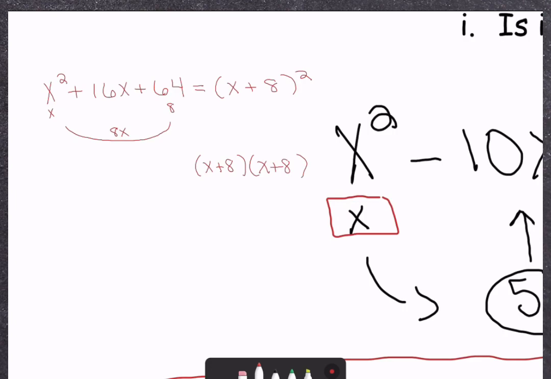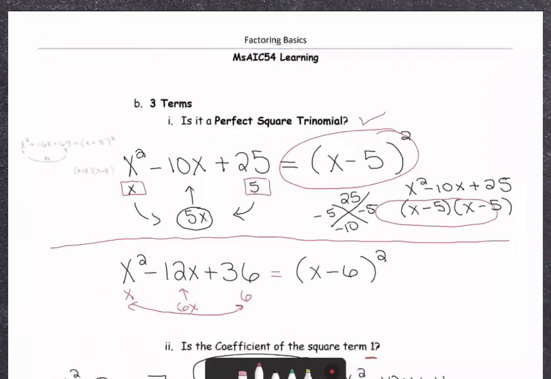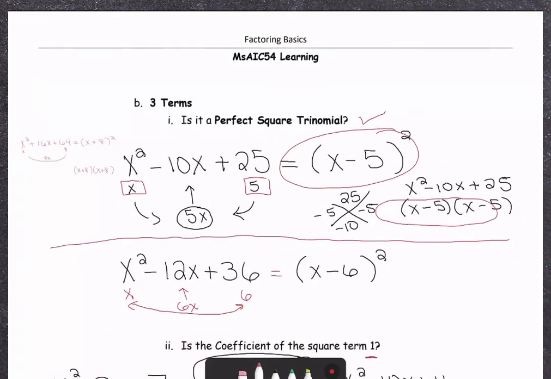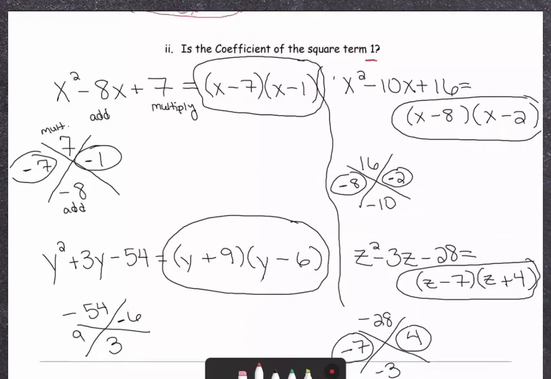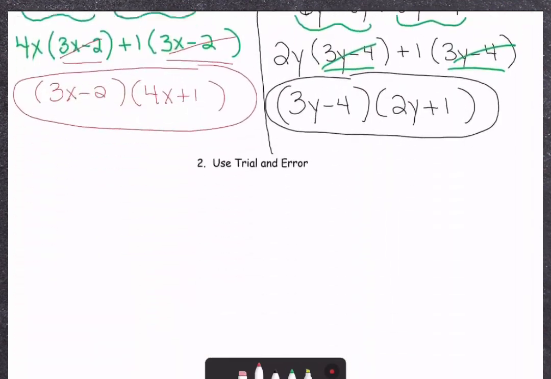Okay, so one more section I want to talk about: trial and error. Trial and error is another technique that's not completely popular among students, but some students like to use it.